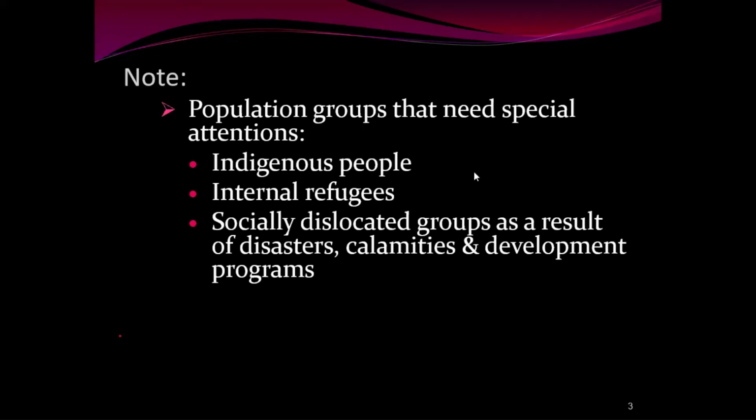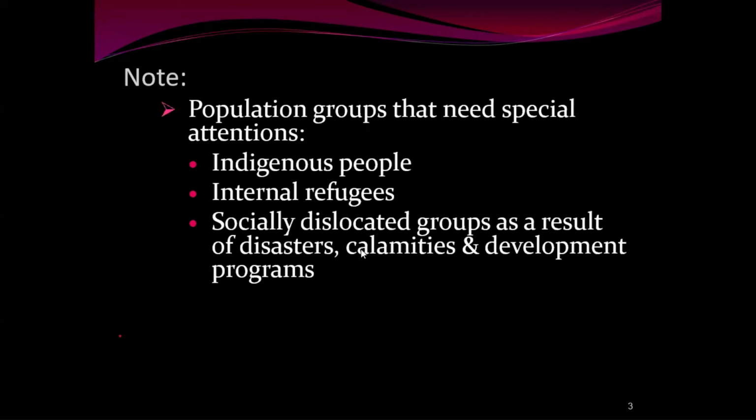Internal refugees also: compared to the general population, the health status of internal refugees is not good. So at that time, we should find out the total number of refugees in that community and what their needs are, and we have to estimate an intervention program for internal refugees.